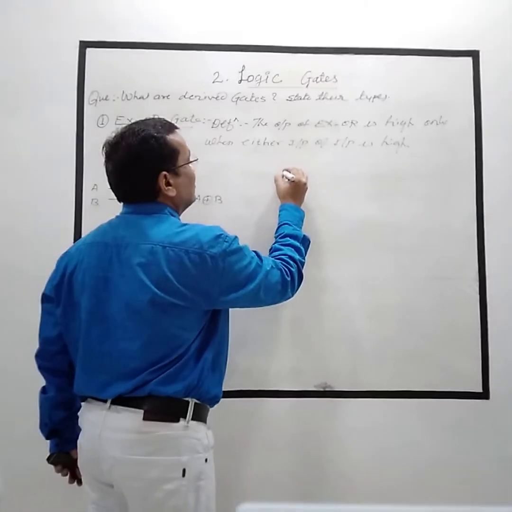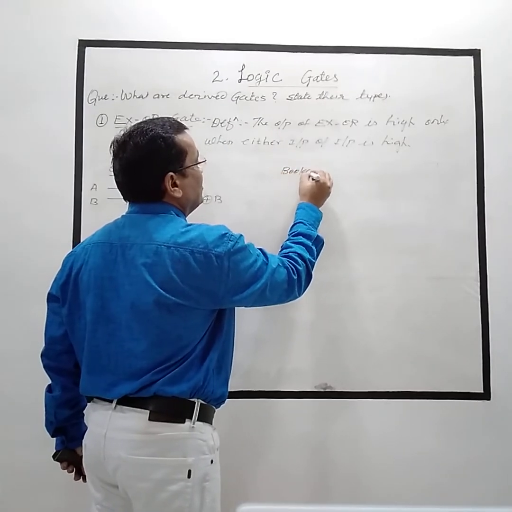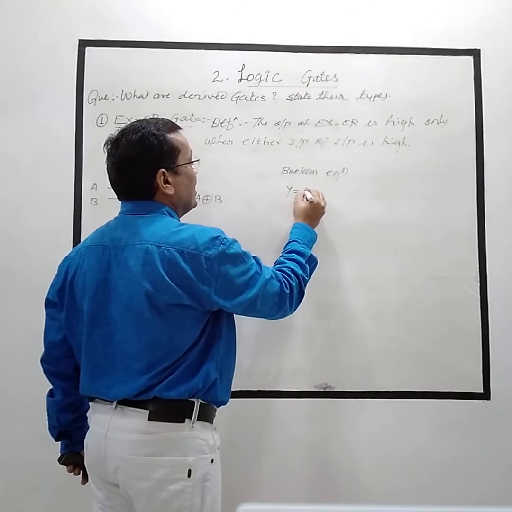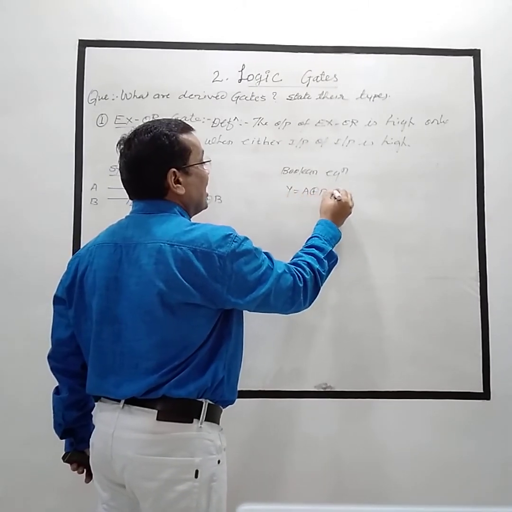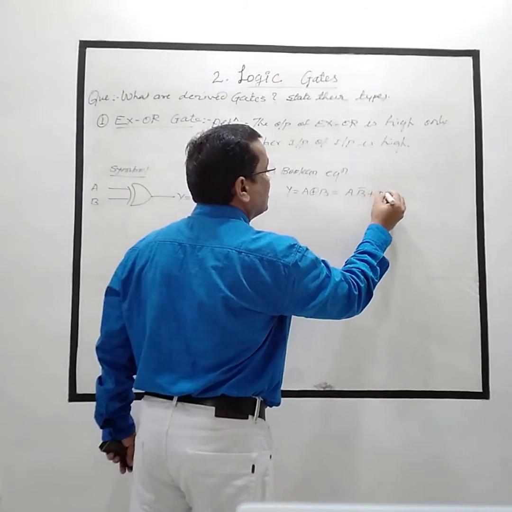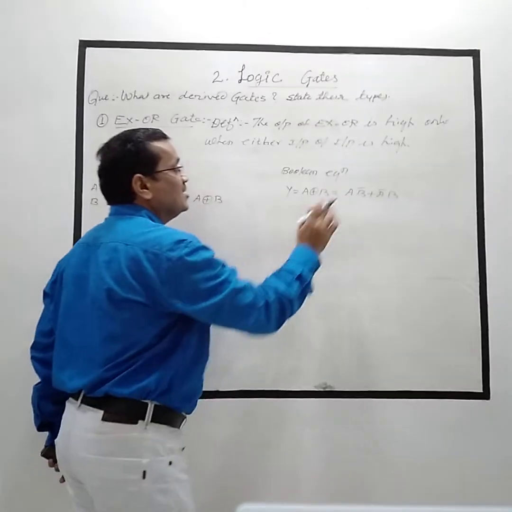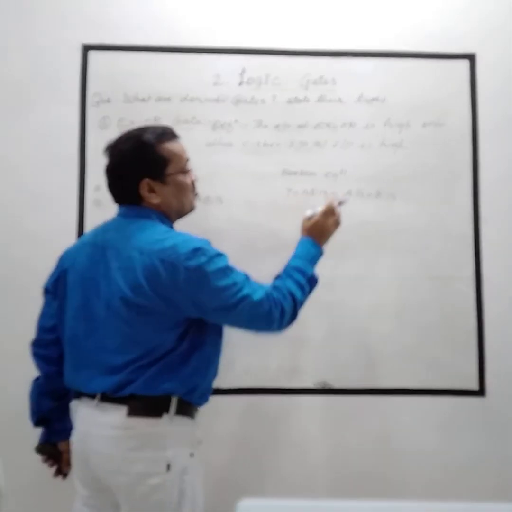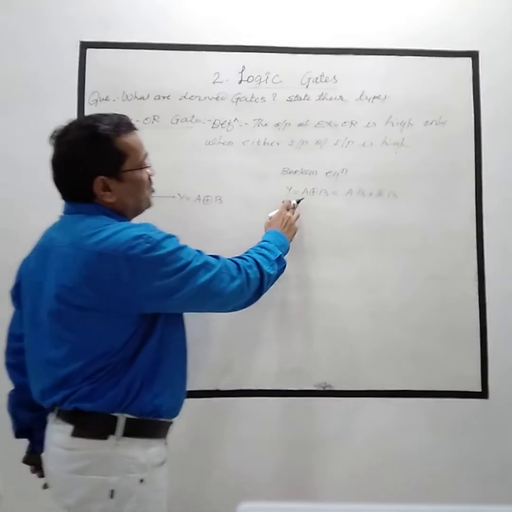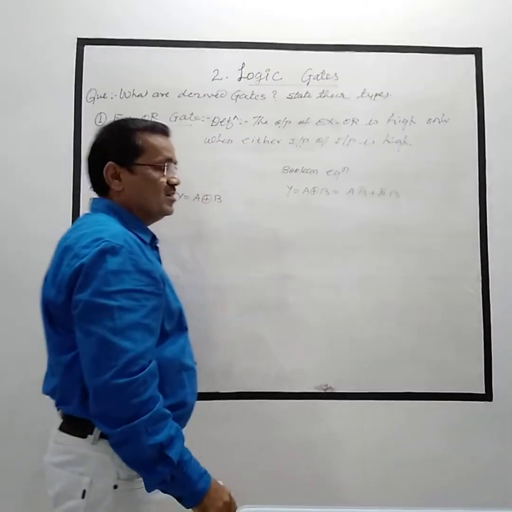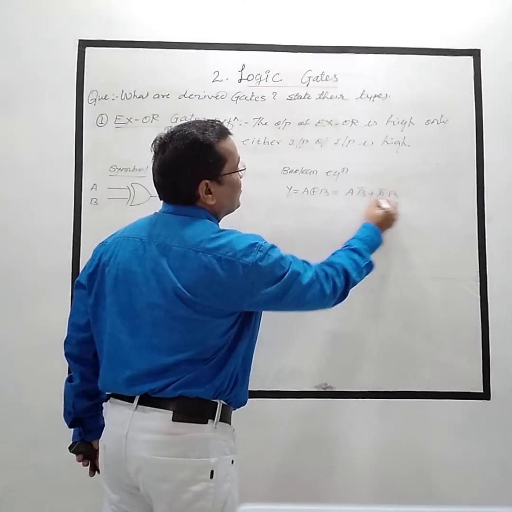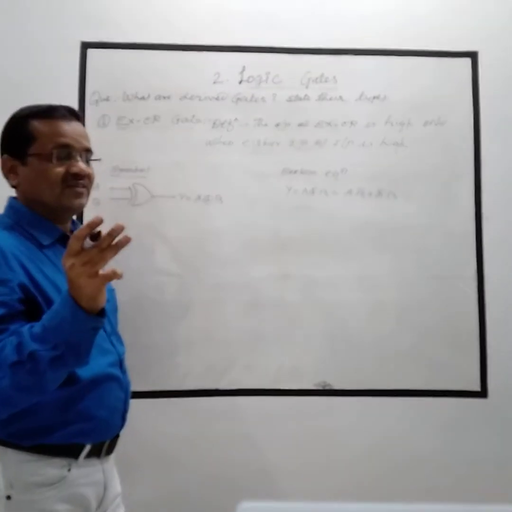Boolean equation. The Boolean equation Y is equal to A XOR with B can be stated as A B bar plus A bar B. This is the expansion of A XOR with B. Now, as we observe this Boolean equation, one can write that this equation consists of three gates.